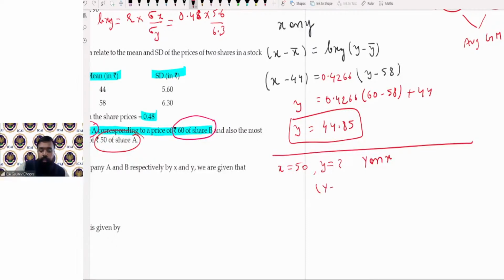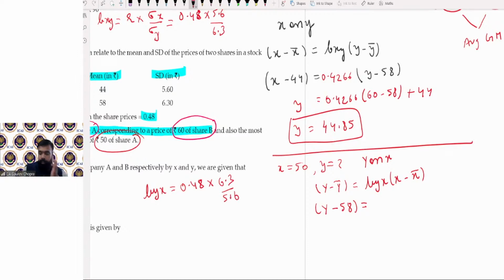So y minus y bar equal to b_yx into x minus x bar. So y minus y bar is 58 equal to b_yx. Now we have to calculate b_yx first, r into sigma y upon sigma x.